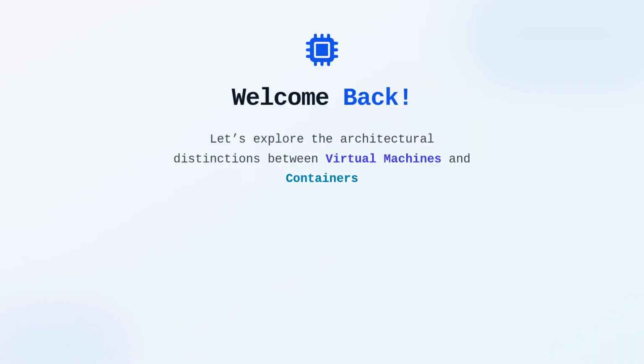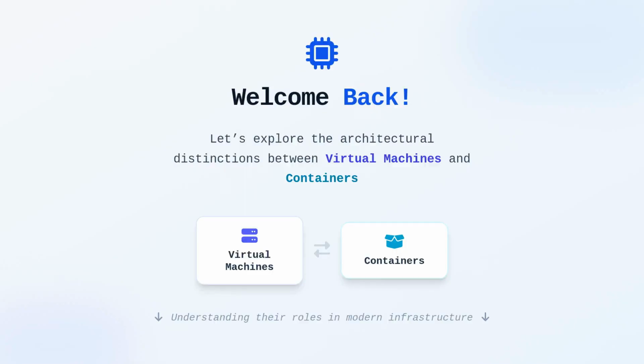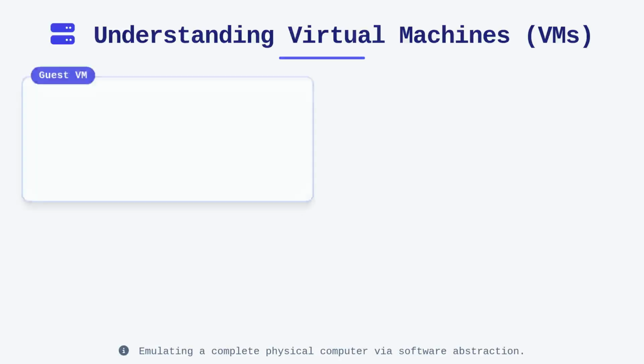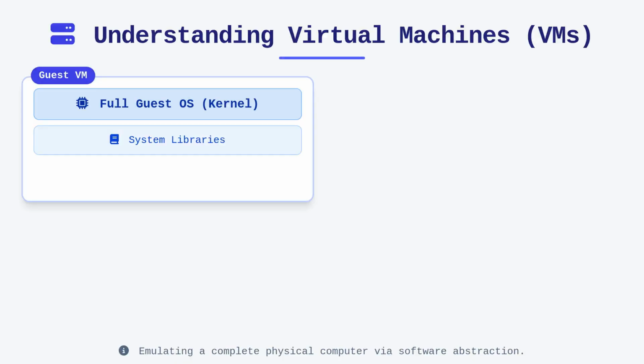Welcome back. Let's explore the architectural distinctions between virtual machines and containers to understand their respective roles in modern infrastructure. When we talk about virtual machines, we are essentially talking about the emulation of a complete physical computer. Each virtual machine runs its own full guest operating system, which includes the kernel, system libraries, and the binary files required to boot.